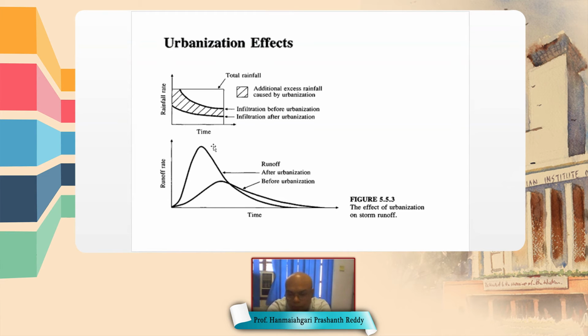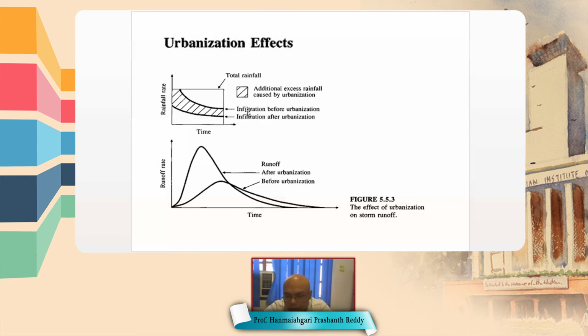We know urbanization changes the runoff characteristics. You see this plot, which is rainfall rate versus time, and these lines are potential infiltration curves.